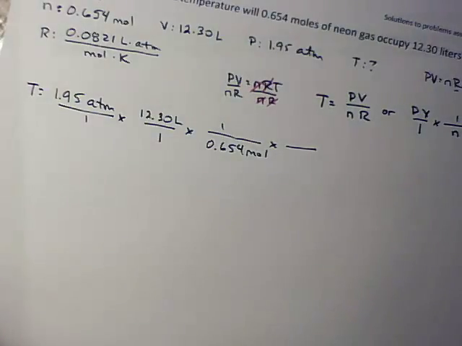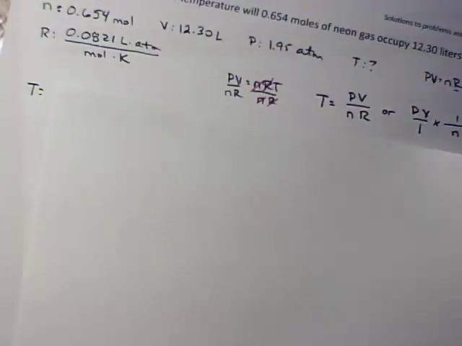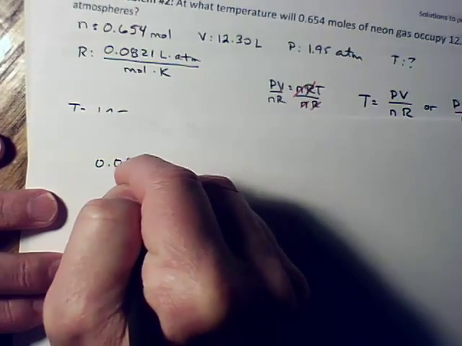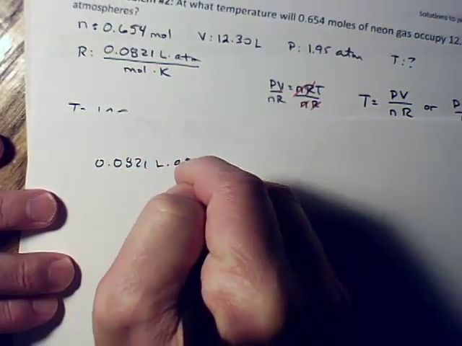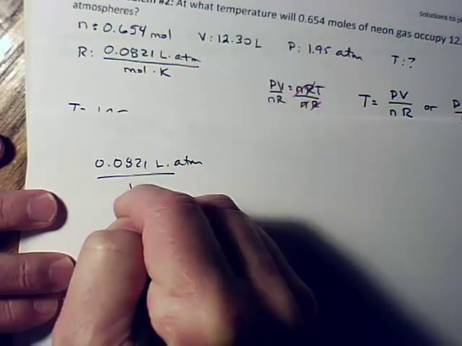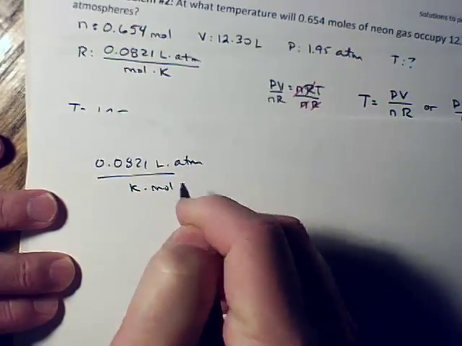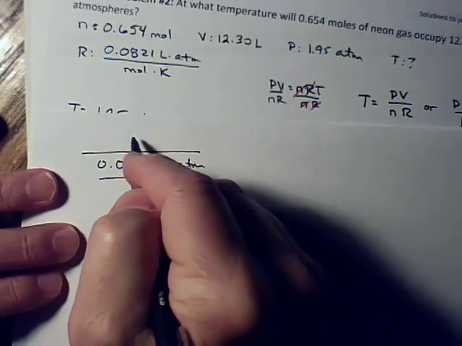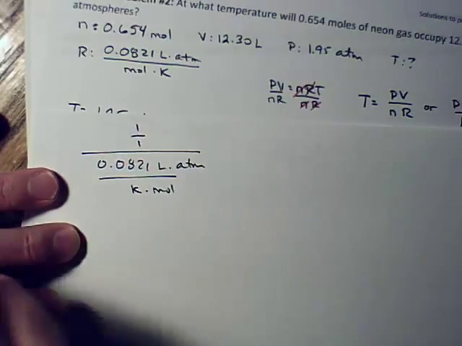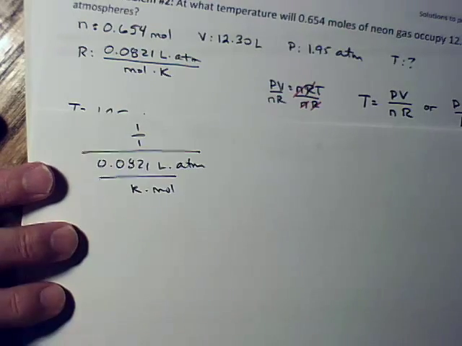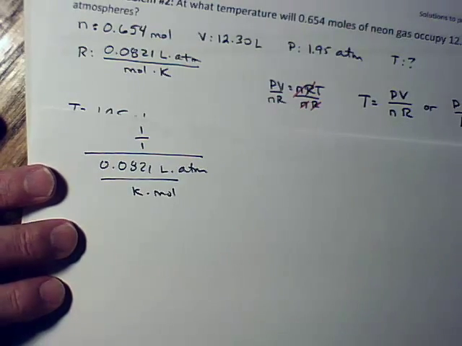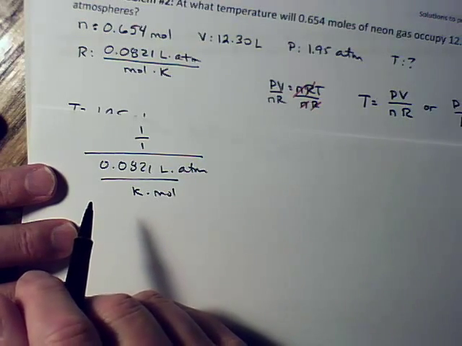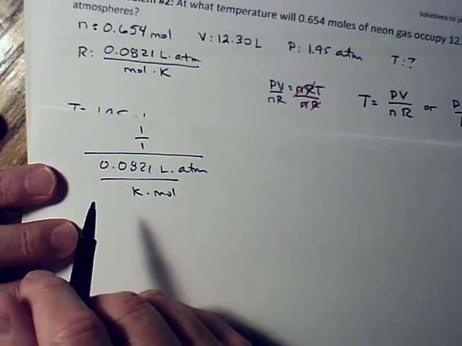If I need to put R on the bottom, this particular R is 0.0821 liters times atmospheres over Kelvin times moles. I'm going to put that on the bottom of a fraction. So I'm going to put 1 over 1, because 1 over 1 is 1, right? That makes sense? Okay, I've got a complex fraction now.